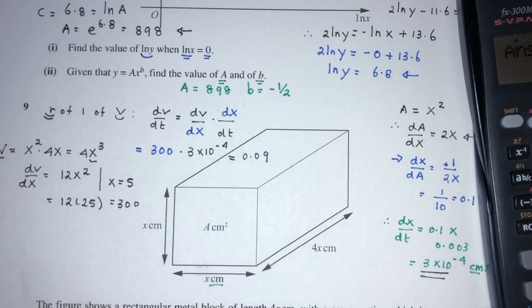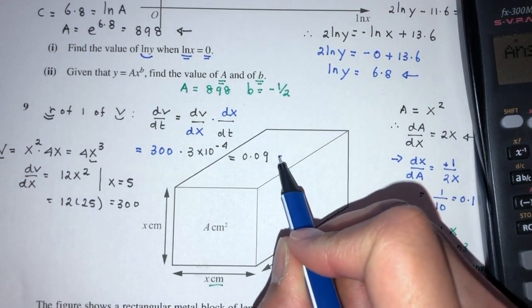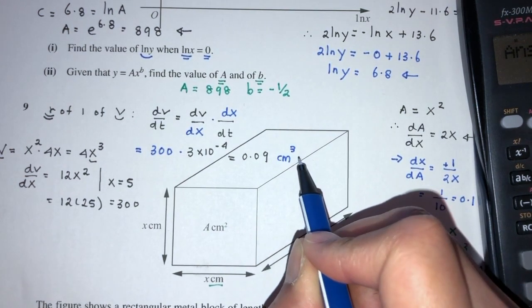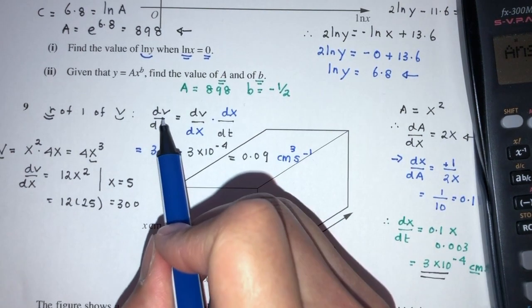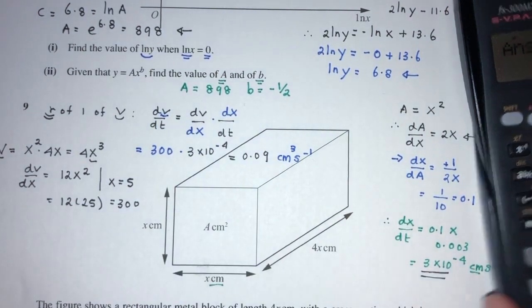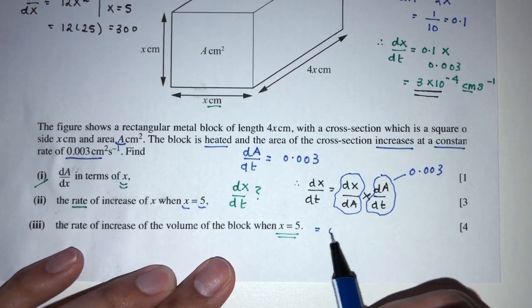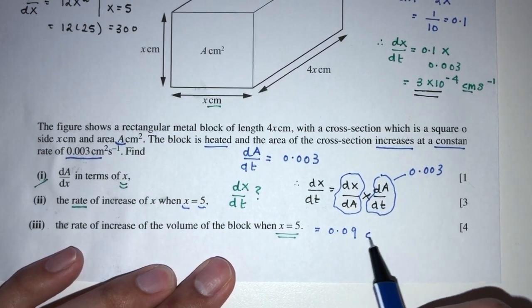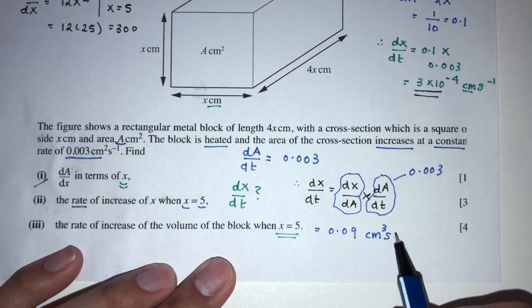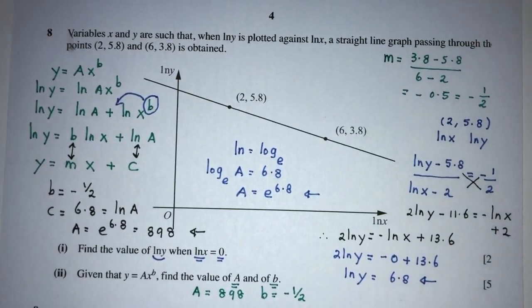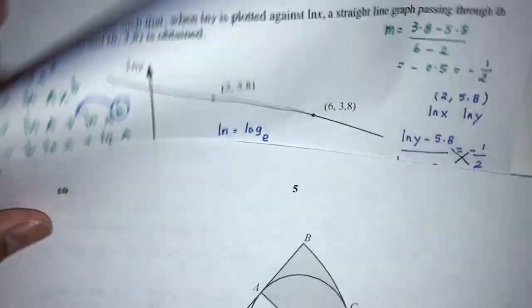So dV by dt will be this, and the unit has to be centimeters cubed per second, because it is for volume. So this will be your answer for this question, which is 0.09 centimeters cubed per second. Okay, so I hope that was good. And let's move on to question number 10.